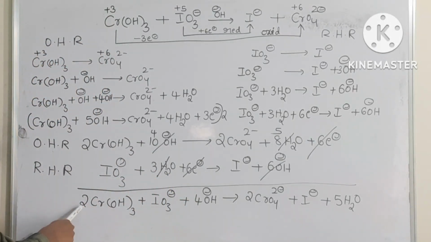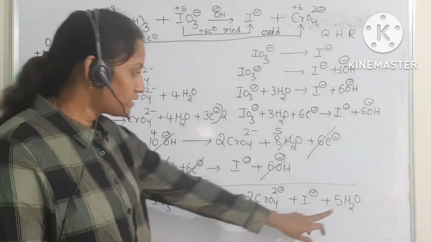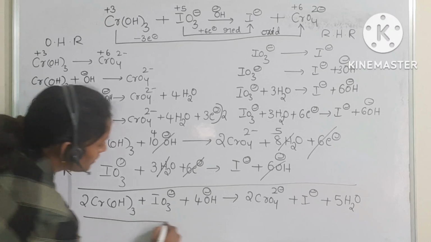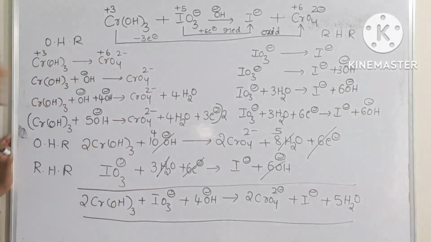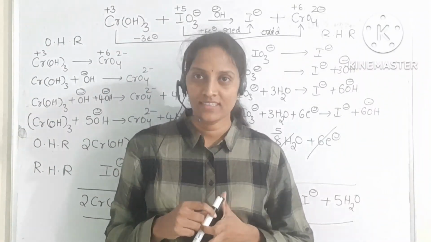Next, 2 threes are 6 hydrogens plus 4 hydrogens is 10, and on the right there are 10 hydrogens. Now it is a balanced chemical equation for the given reaction. This is about this reaction.